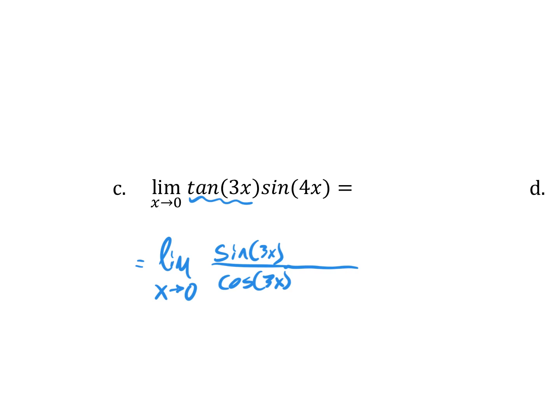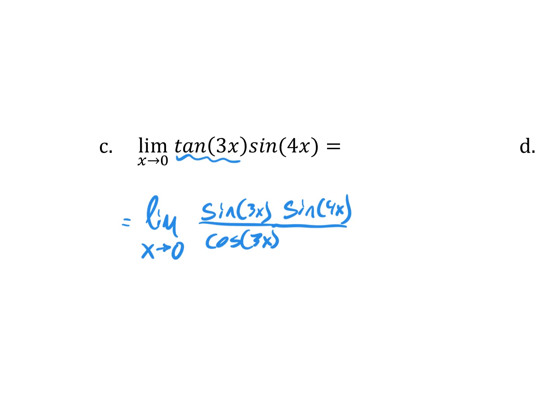And then we've got the sine of 4x here. So we've rewritten this, and I put them together in one fraction too. So we've got to ask ourselves, where is the problem here? Well, is there a problem? Actually, I don't think there is a problem.